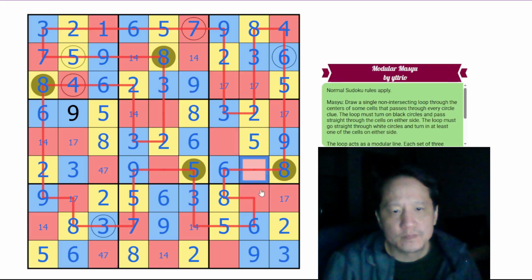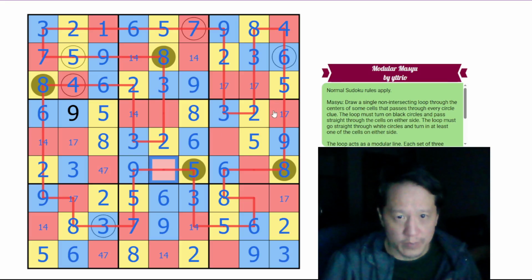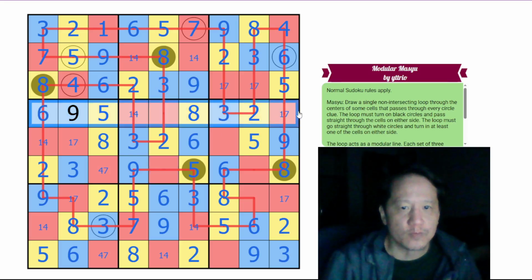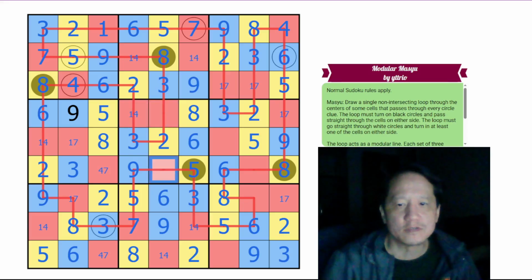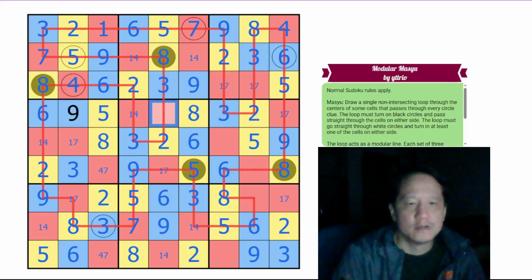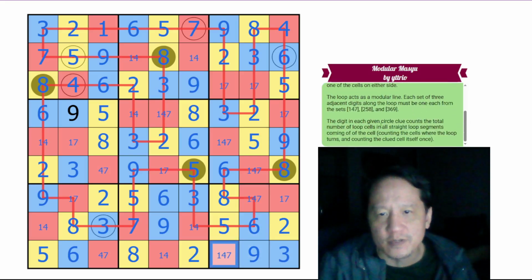Okay. This cannot be 4, because where is the 4 in row 4? It has to be one of these two cells. So this is 1 or 7. 1, 4, 7 can be here. 1, 4, 7 can be here. Same with this, same with this, same with this. Do we have anything else that differentiates?